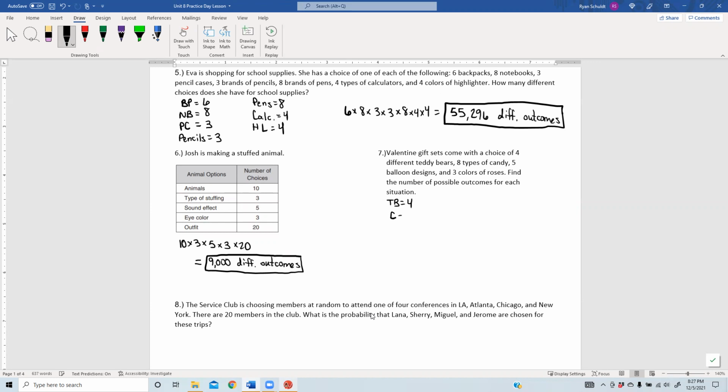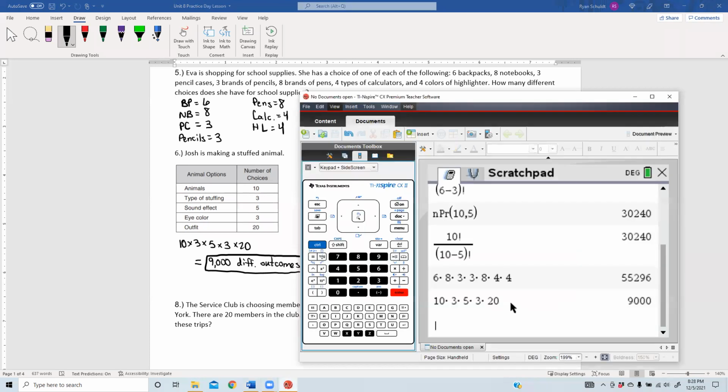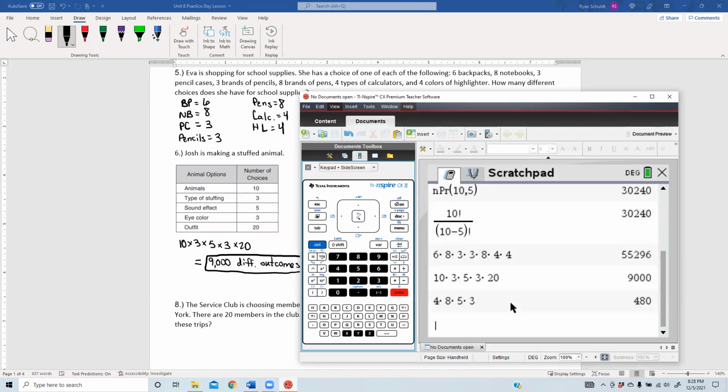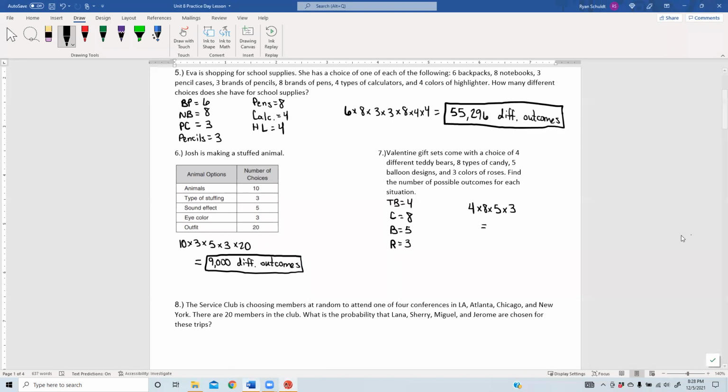For candy, there's 8 different types. For balloons, there's 5 different types, and for roses, there are 3 different types. So to get the total number of outcomes, 4 times 8 times 5 times 3. That's 480.